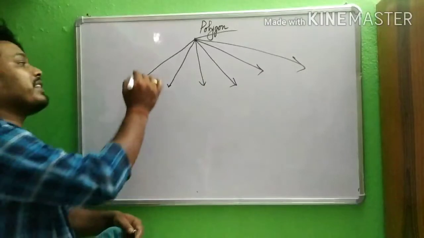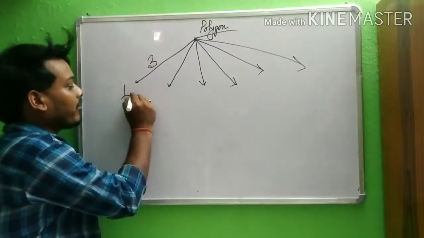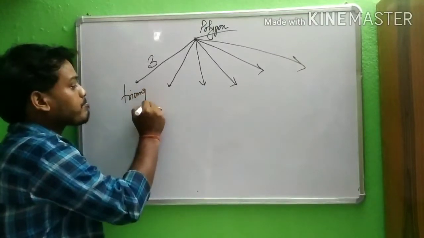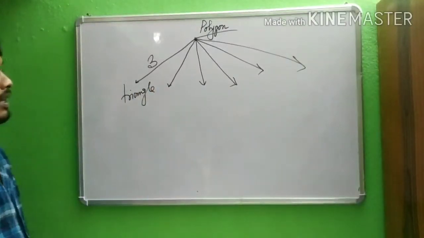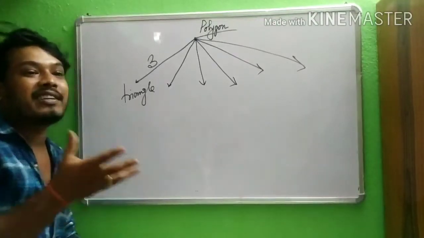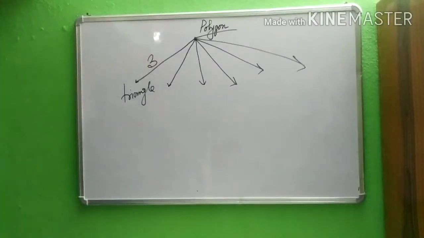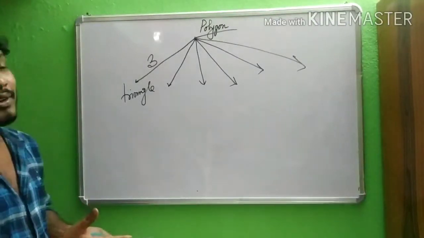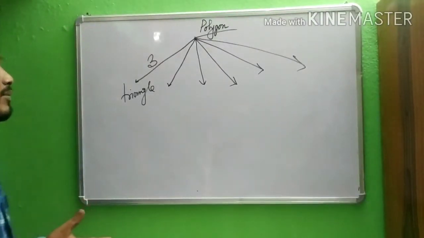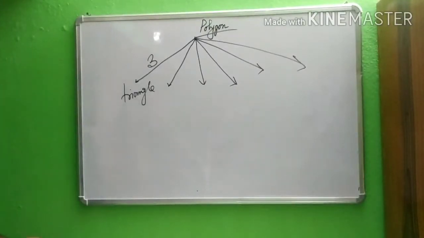So if the number of sides is 3, then we call the polygon a triangle. And I think from here you can easily give 10 or 15 definitions. So the topic is very important. You do not need to memorize the definition.